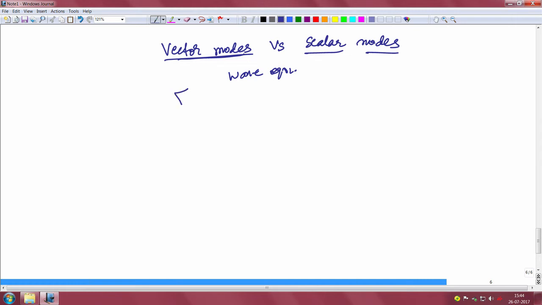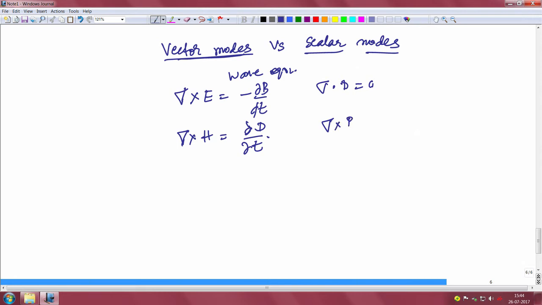So, let us consider starting from del cross E equals minus dou B by dou t, and del cross H as dou D by dou t, and the dot products del dot D equal to 0 and del dot B equal to 0.